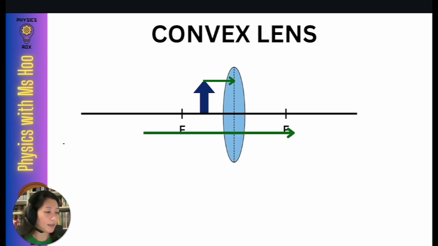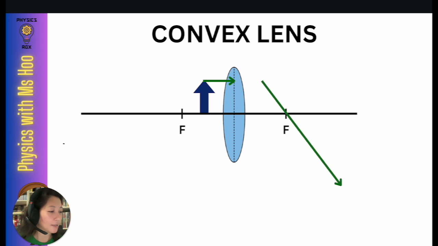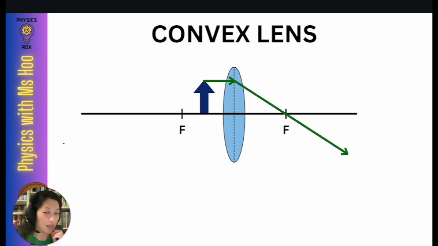And then this light ray will go through the principal focus of F1. It's snapping again in weird positions. And then the second light ray just goes through the optical center.